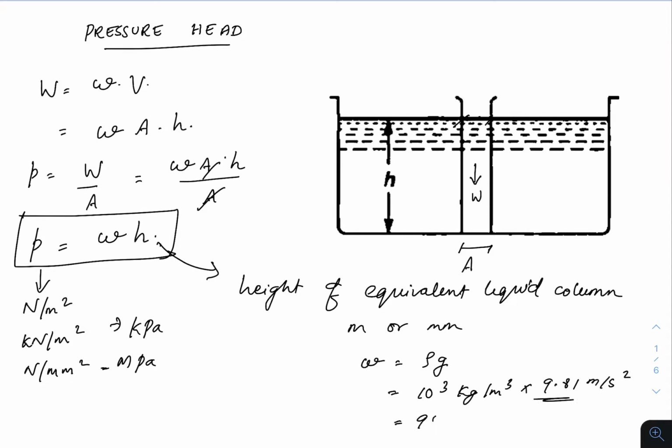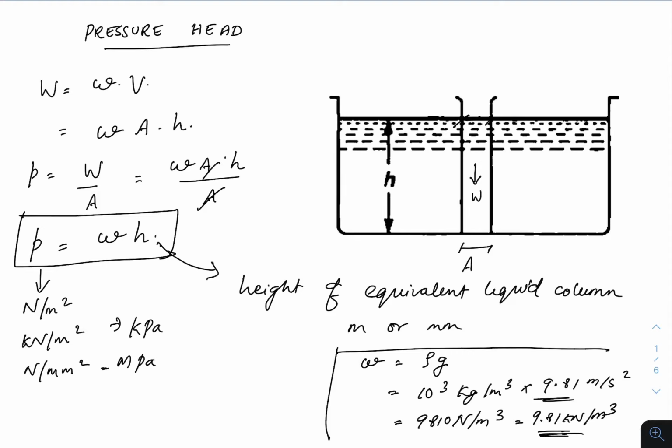So that will give you 9810 Newton per meter cube, or 9.81 kilonewton per meter cube. This is the weight density of water. For any other oil or liquid, this value has to be multiplied with that liquid's specific gravity. So that is regarding pressure head.